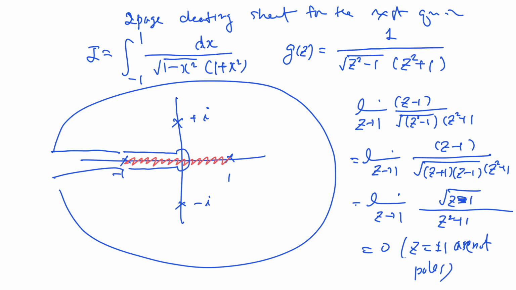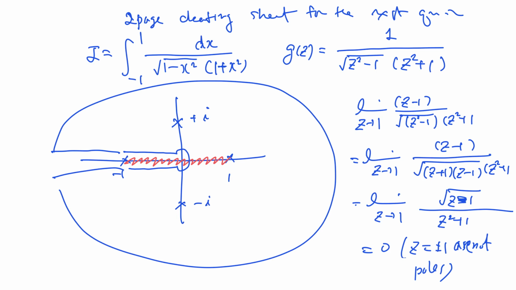It's finite, right? Because you may think that because z plus minus 1 is in the denominator, it may look like it's singular.